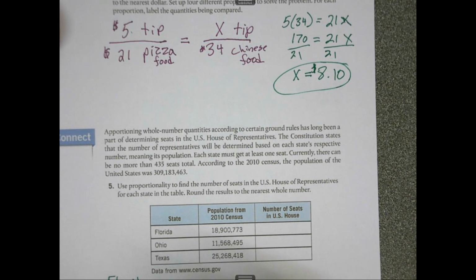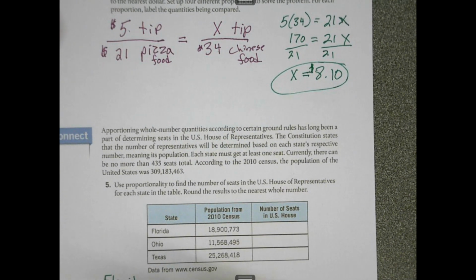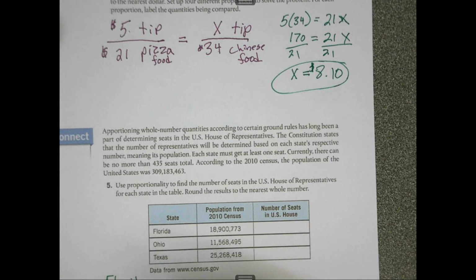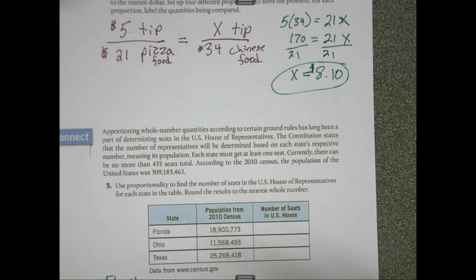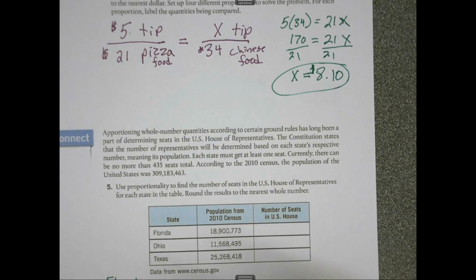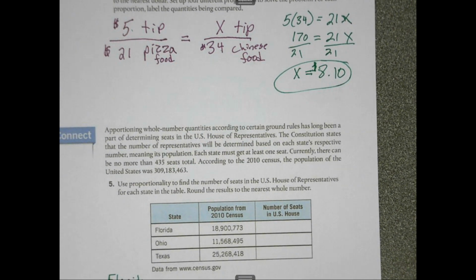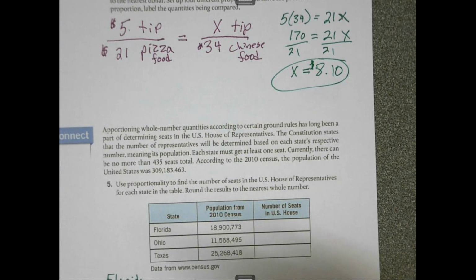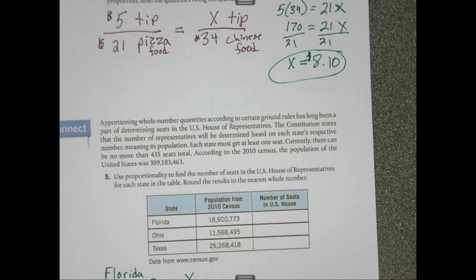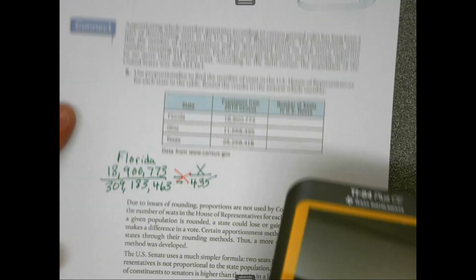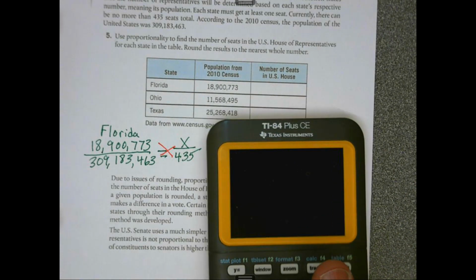Let's see. 18,900,773 times 435. Hit enter. Then I'm going to divide that by 309,183,463. Uh-oh, something happened in my calculator.